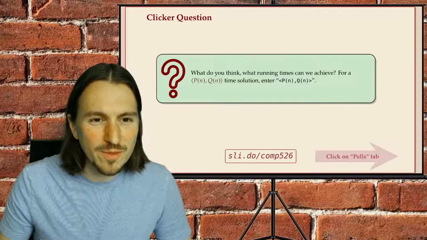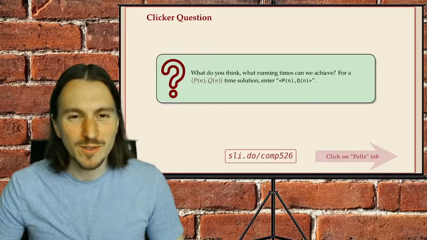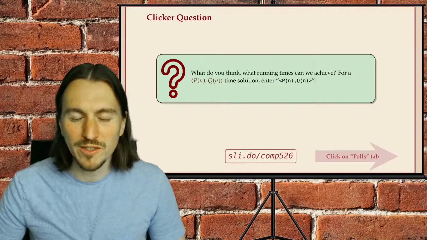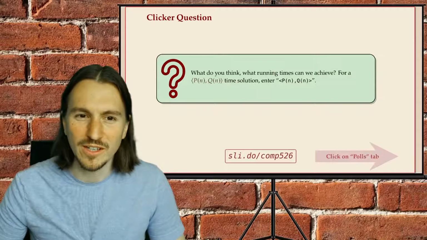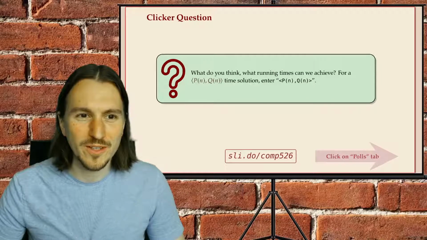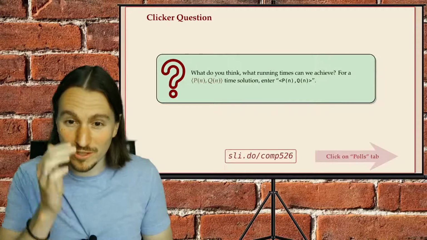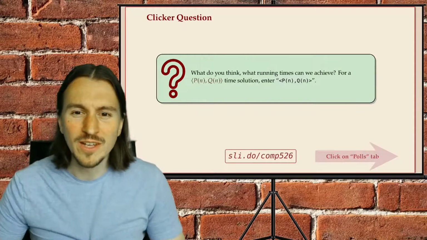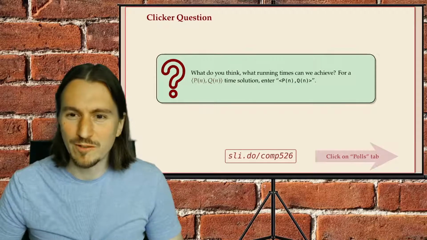And I set this up so that you can send multiple answers. So maybe there are different combinations between P and Q. There's a trade-off between pre-processing and query time. That's maybe natural, because there's also a trade-off between time and space. If you write down many more things, maybe the queries get easy. And if you write down nothing, then the queries can't be very fast.